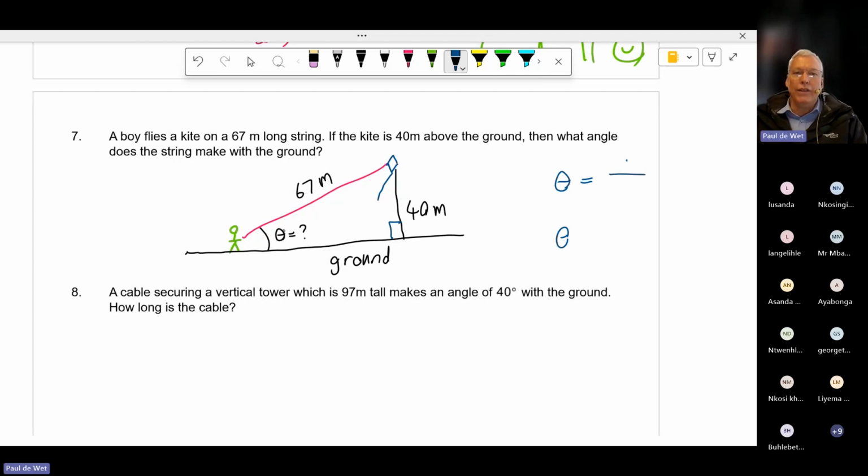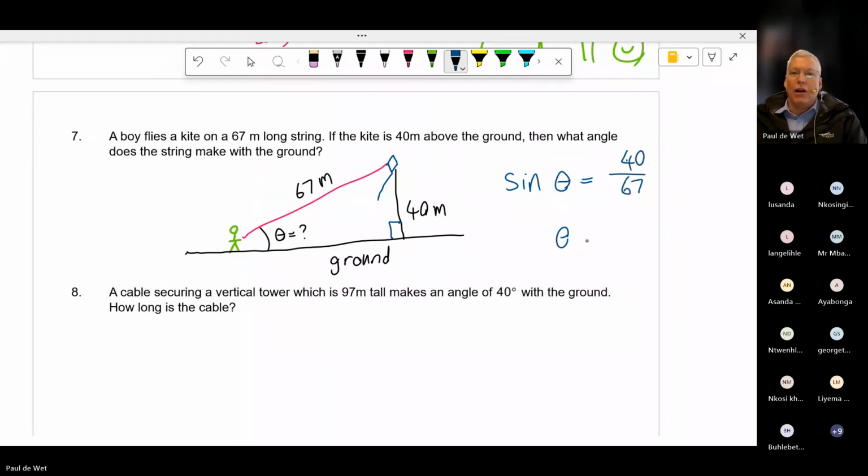I can't use cos because cos would be this over this, and I don't know this and I don't know this. If I use sine, sine of theta will be what? Put the numbers in. 40 over 67.